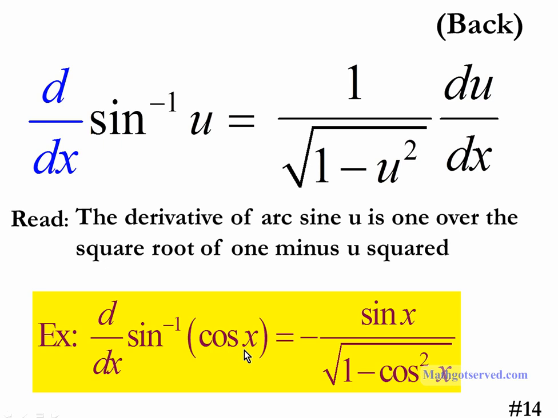The derivative of cosine is negative sine. We went over this in part 3. So if you multiply negative sine x by 1, in the numerator you end up with negative sine x over, for the final answer, the square root of 1 minus cosine squared x. So this is an application of the differentiation rule for arcsine.